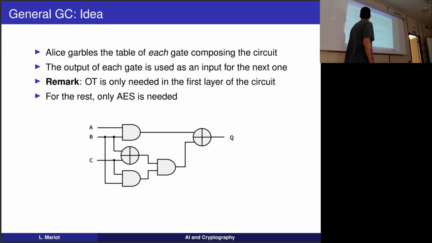Although, let's say that also today, garbled circuit is still used more from a pedagogical point of view, for introducing the idea of secure multiparty computation. Actually, what happens is that most of the time you use secret sharing.